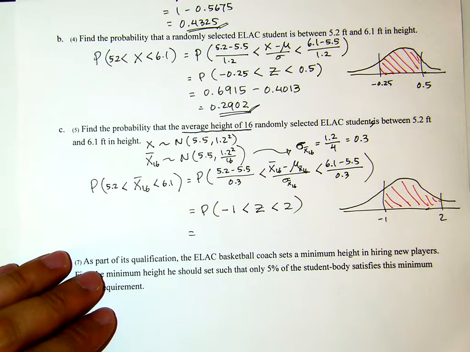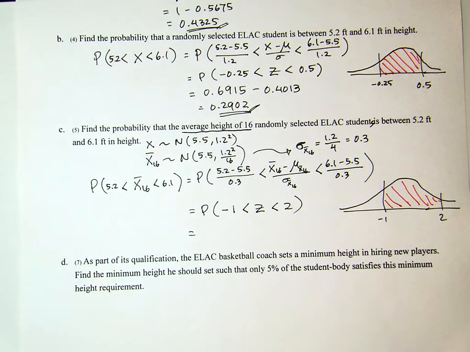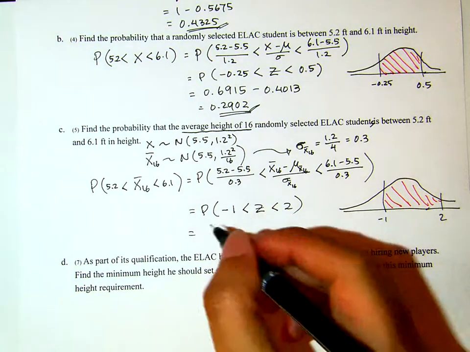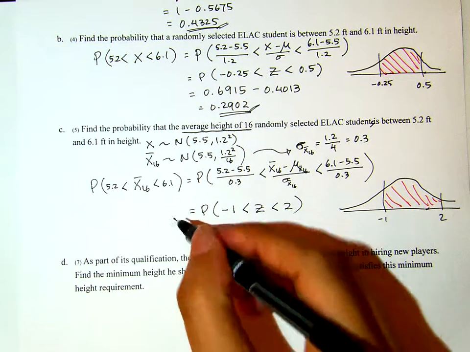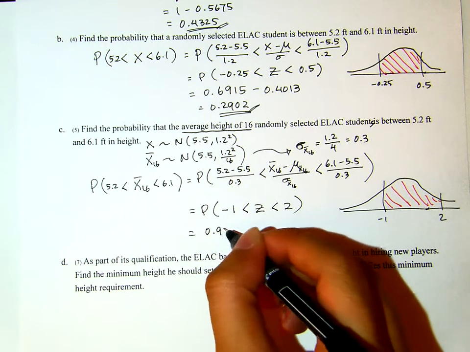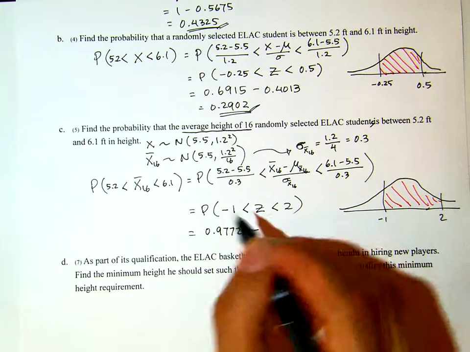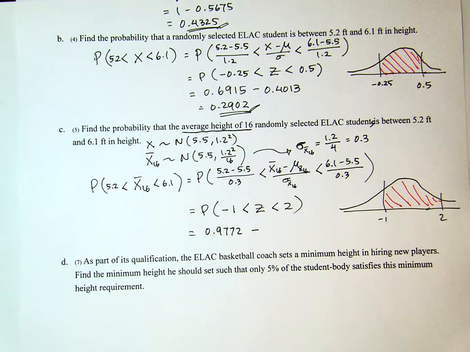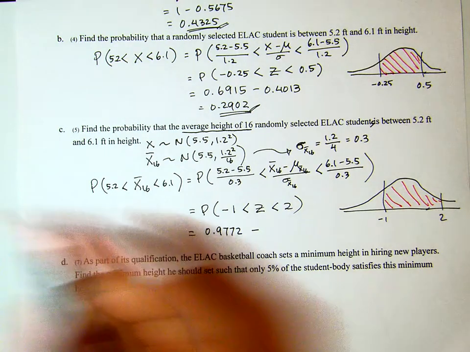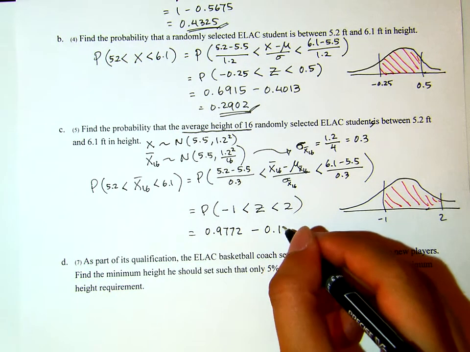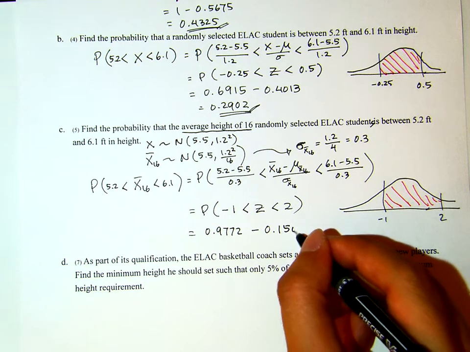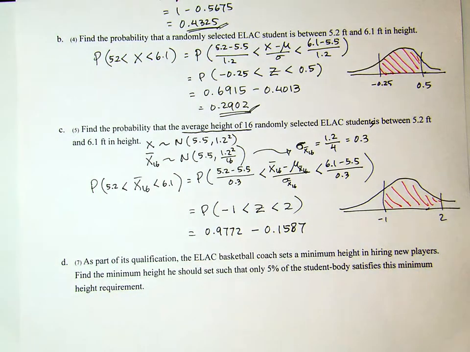If we look at the table, the area to the left of 2 is 0.9772, minus the area to the left of negative 1, which is 0.1587. Make sure that you look at your table and match with what I have here.